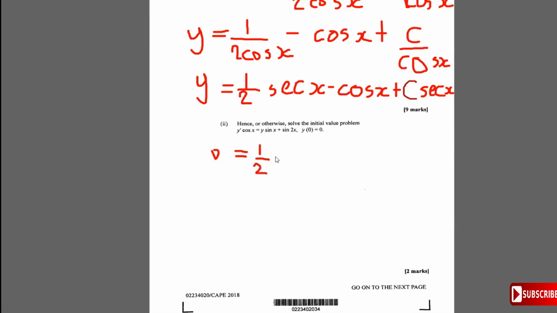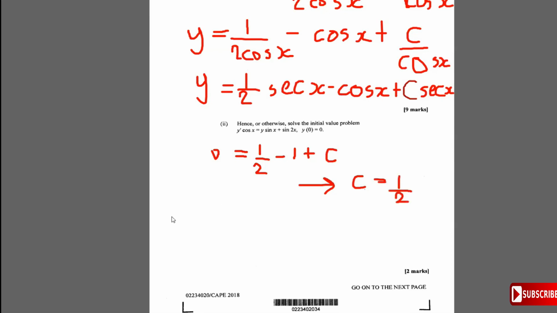Cos of 0 is 1, so that becomes minus 1, plus c, because cos of 0 is 1. So now we'll make c the subject, which implies a half minus 1 is minus a half, so c equals a half.